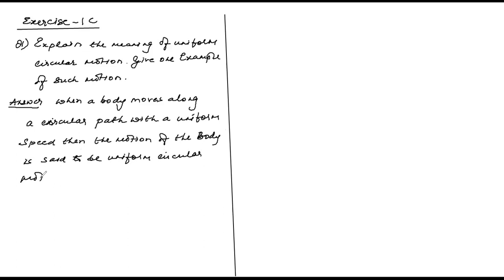Remember, it's so simple. When a body moves along a circular path with uniform speed, the motion of the body is said to be uniform circular motion. Now, they want me to give one example of such motion.